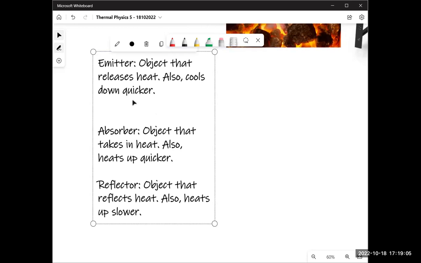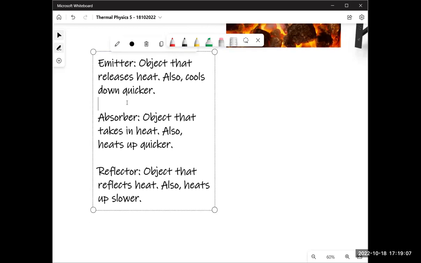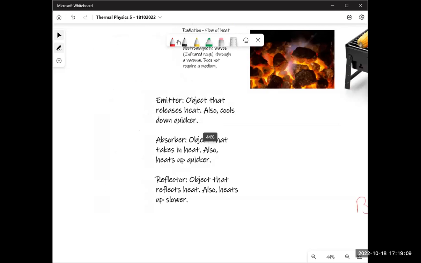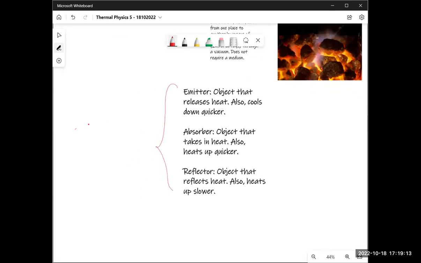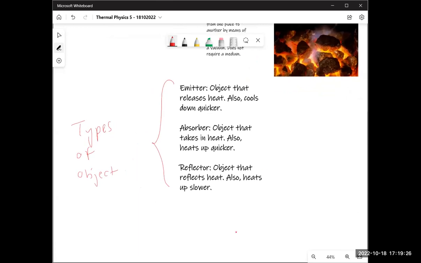We have three kinds of things happening here. Three types of objects. Right? These are the types of objects. Or let's write over here, types of radiator. Types of objects. Now, emitter, absorber, reflector. Let's first write this down quickly.